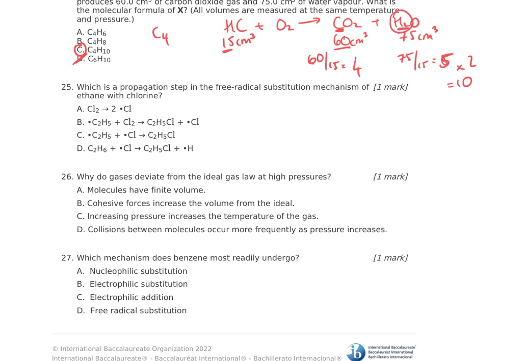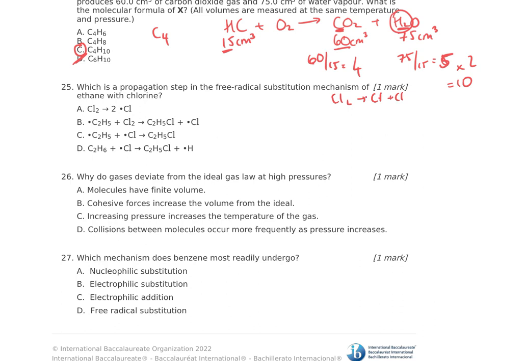Which propagation step in the free radical mechanism of ethane with chlorine? So propagation step, so the initiation step is going to be making the free radicals.